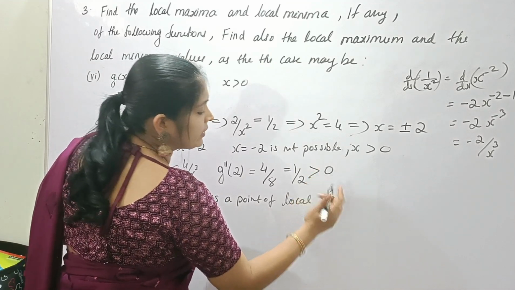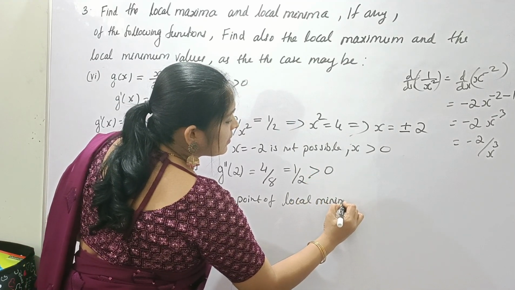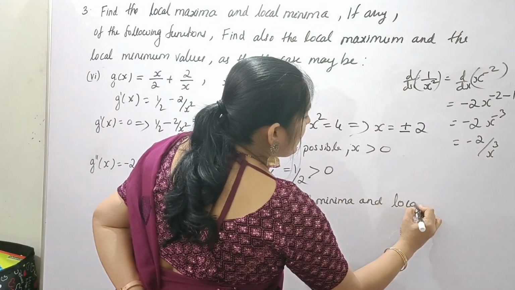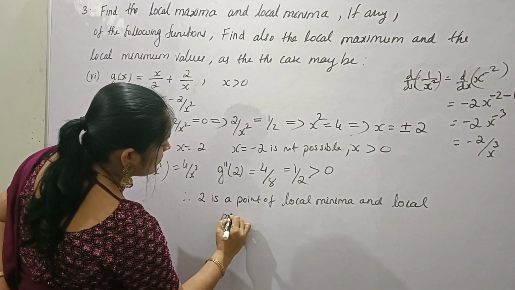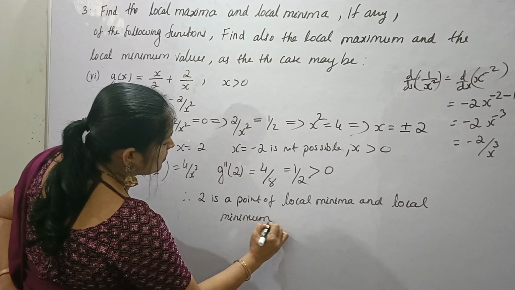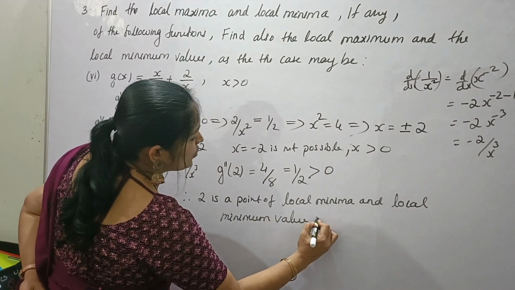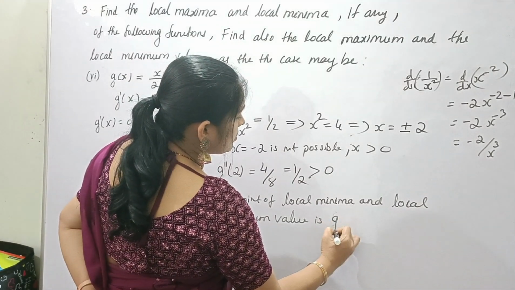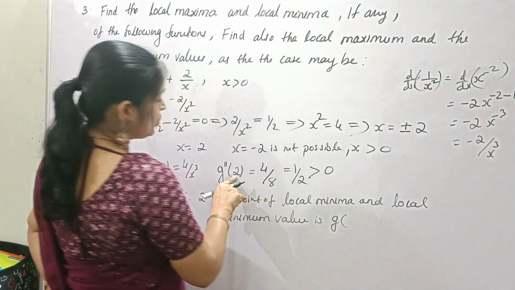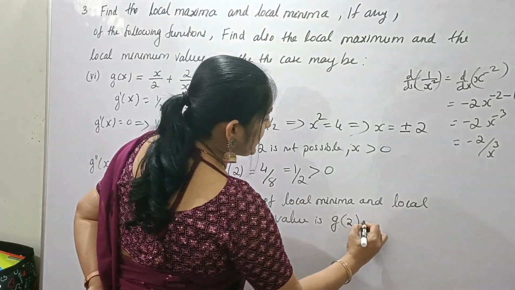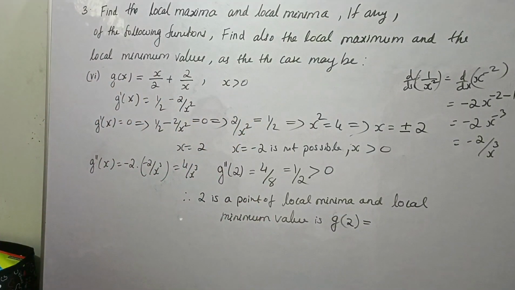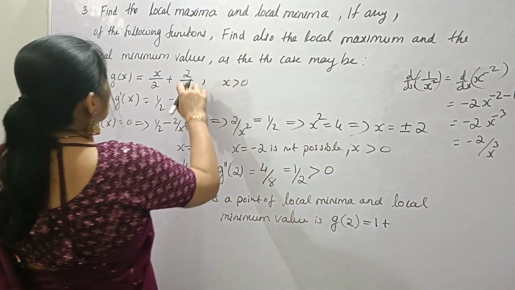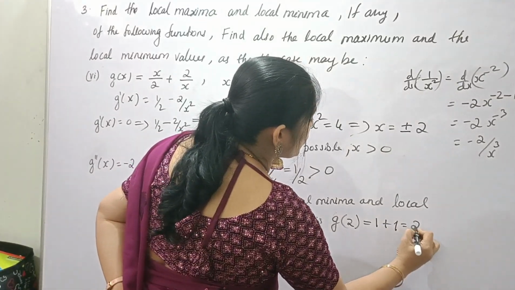If it is greater than 0, then local minimum, and the local minimum value is g of 2, right? G of 2, that is substitute x is equal to 2 in g of x. 2 by 2 is 1 plus 2 by 2 is 1, that is equal to 2.